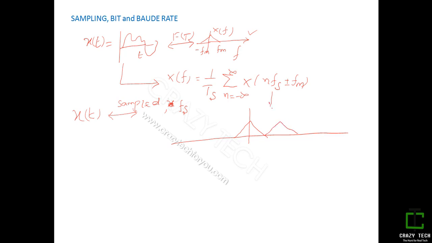This is the formula. I am just writing this formula in pictorial format. This is the picture. This is 0, fm, minus fm.